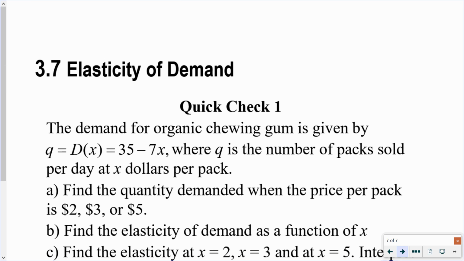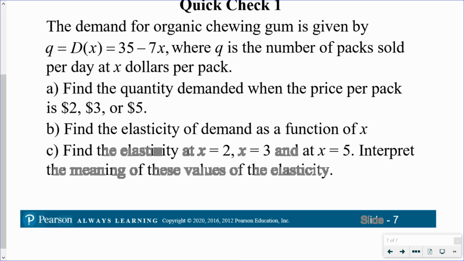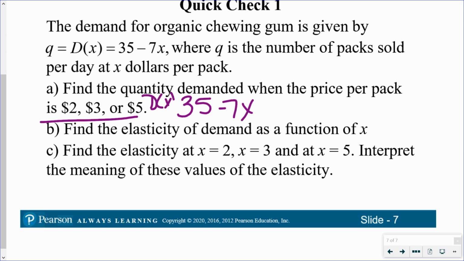Okay. That is another example that you can do. Part A, we did not do in the clicks video example, but part A, the find the quantity demanded, means that you would take this 35 minus 7x, the D of x, and plug straight into that.